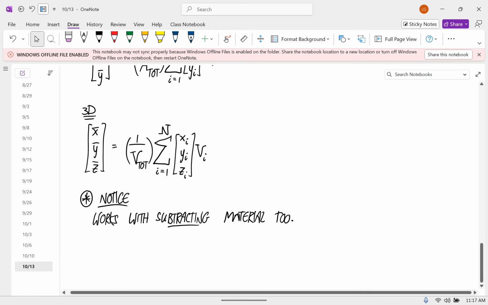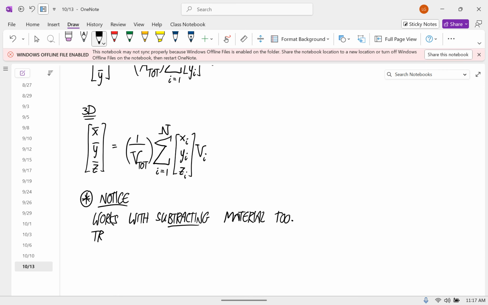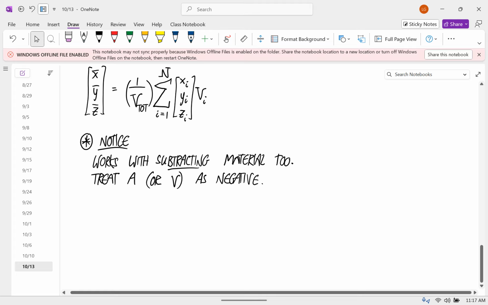All you have to do if you want to remove material is treat the area or volume as negative. Okay, so let me go through an example calculation.